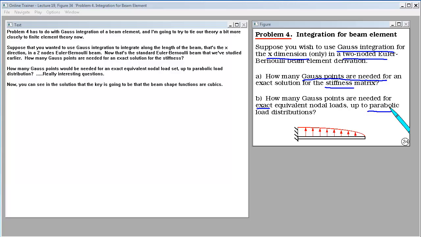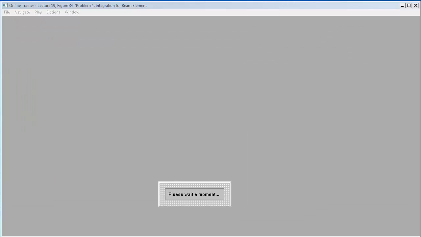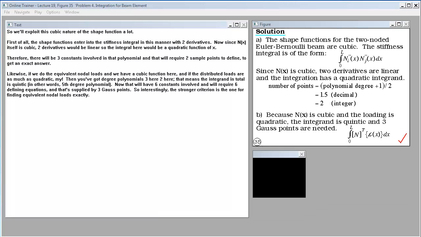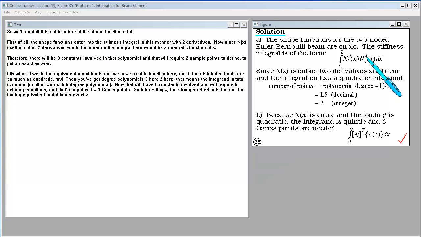Really interesting questions. Now, you can see in the solution that the key is going to be that the beam shape functions are cubics. So we'll exploit this cubic nature of the shape function a lot. First of all, the shape functions enter into the stiffness integral in this manner with 2 derivatives.